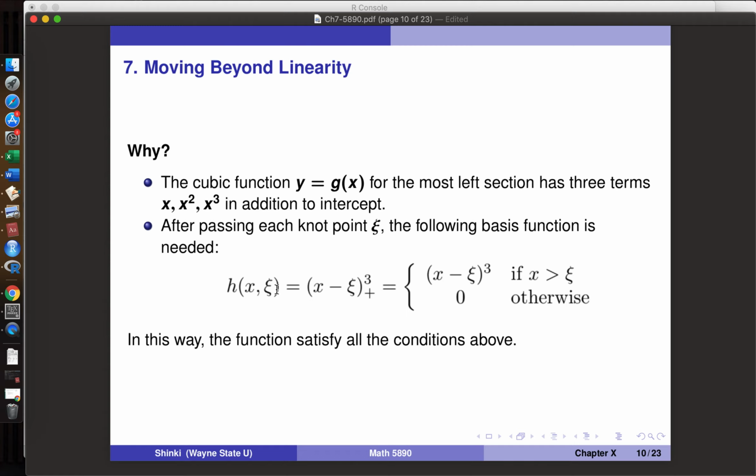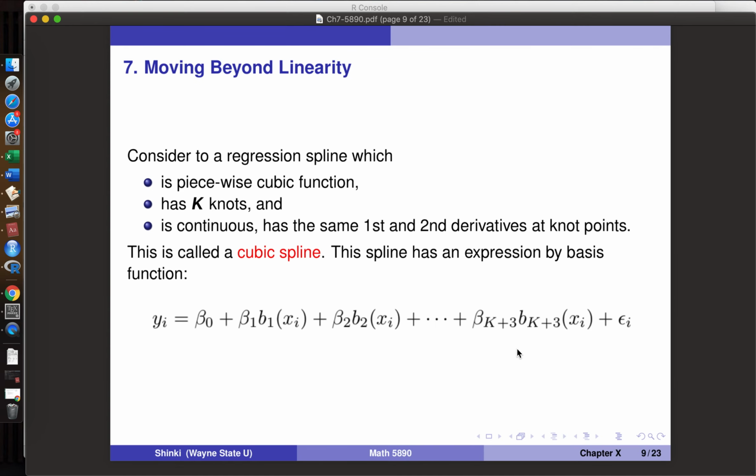So if we add this function for each knot point c, the entire function is smooth and continuous at all knot points, and the first derivative and second derivative are the same at all knot points. So in this way, we can define the regression spline. So that's why we only have k plus 3 parameters.